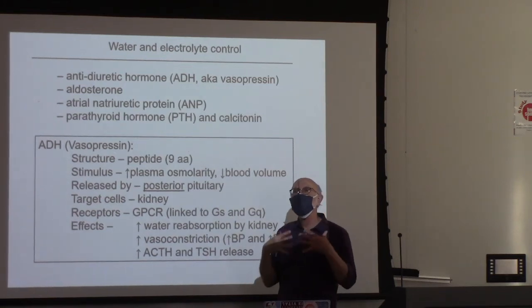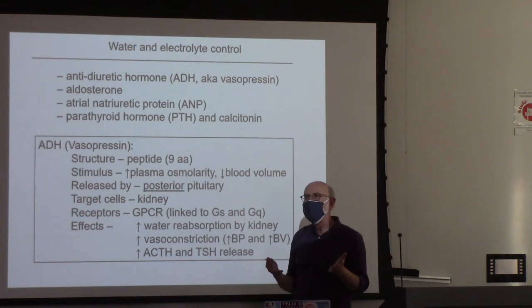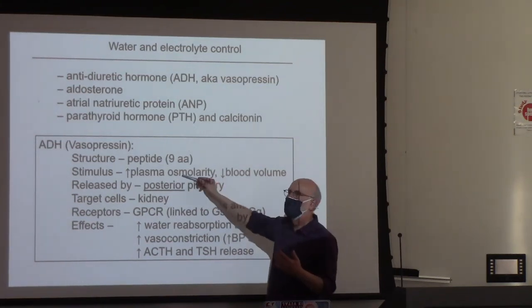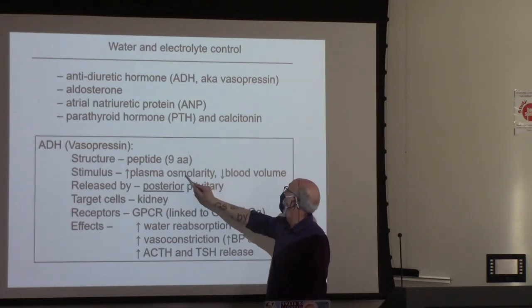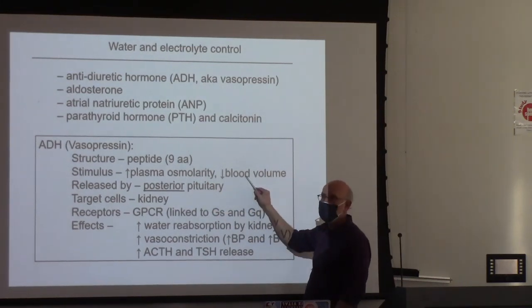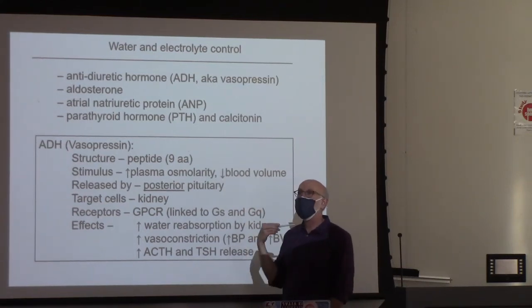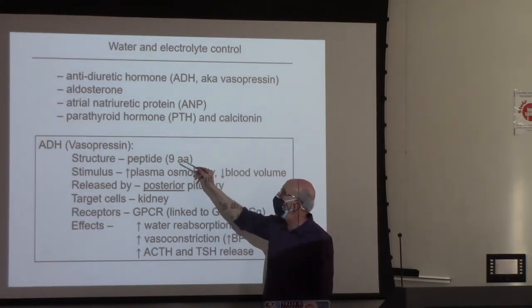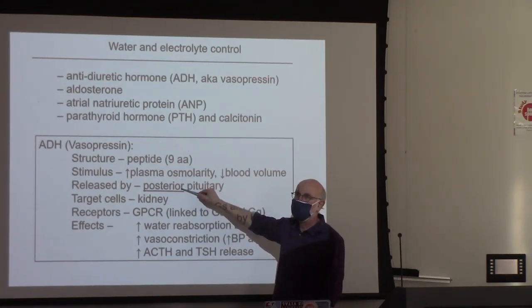So if you are dehydrated, water is too low, your concentration of solutes in your blood goes up, the volume of your blood goes down. Both of those are detected by the brain, integrated by the hypothalamus, triggering the hypothalamus to release vasopressin from the posterior pituitary.